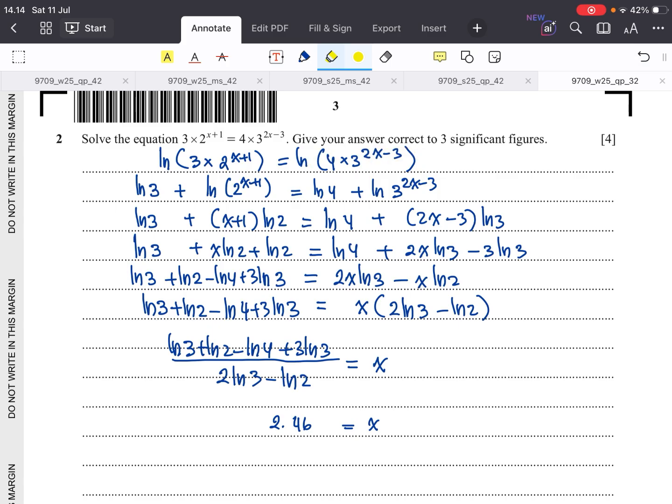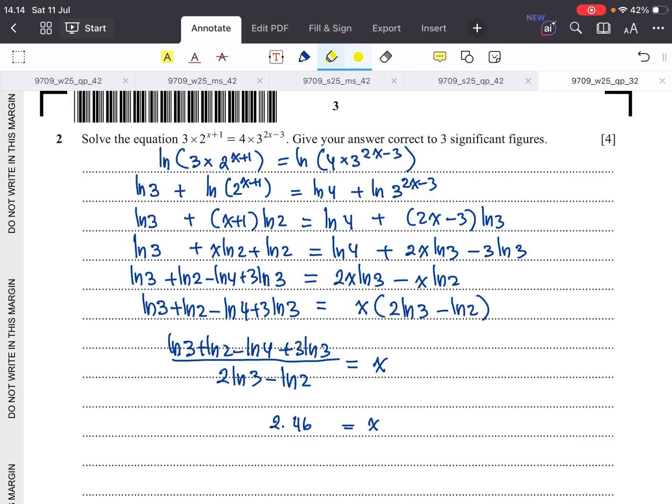And then using the law of logarithm, this is multiplication, we can split it into two logarithms, but this one becomes plus. The same law applies here. It will be ln 4 plus ln 3 to the power of 2x minus 3.